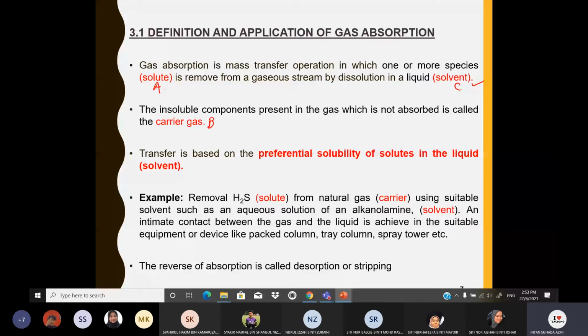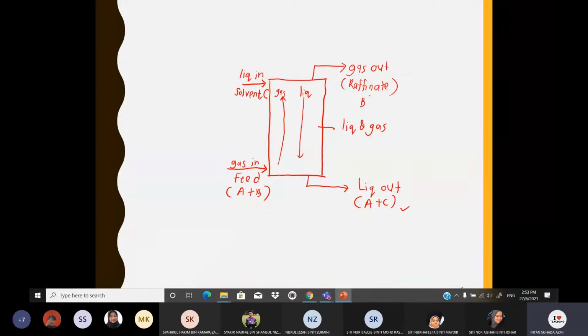So then you will have A plus C here and more B component here. So you must choose a good solvent that can only absorb A. You cannot choose a solvent that can absorb A and also B, so it's difficult for you to do the separation, right?